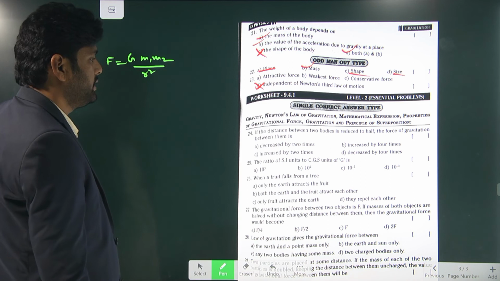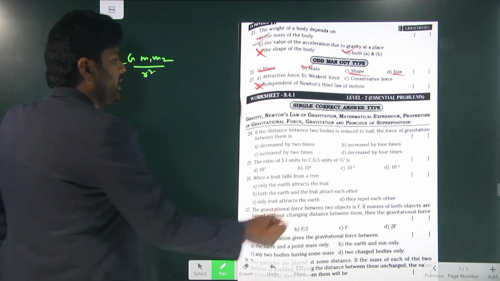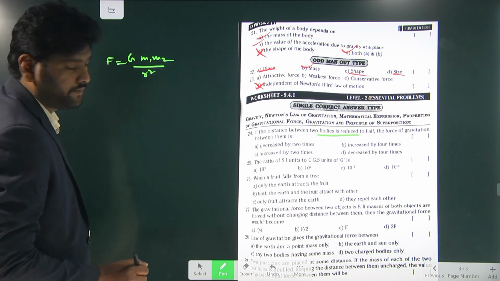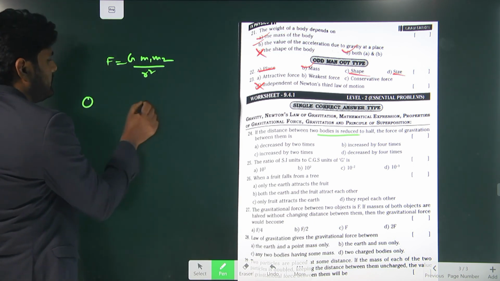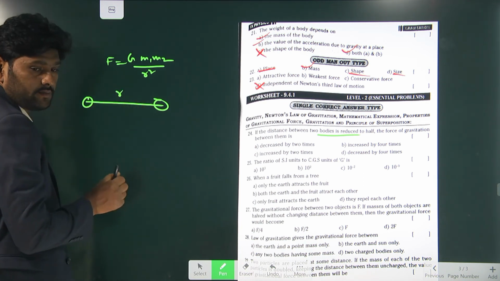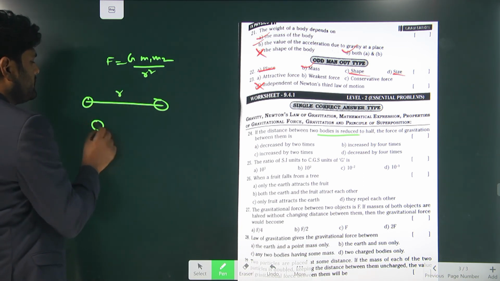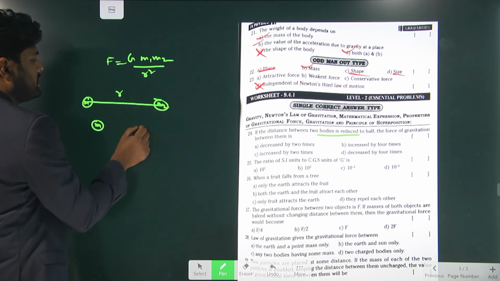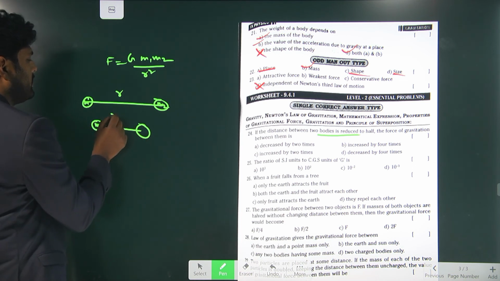The distance between the bodies is reduced. Initially they are separated at r distance. Now in the second case, the same bodies m1, m2.